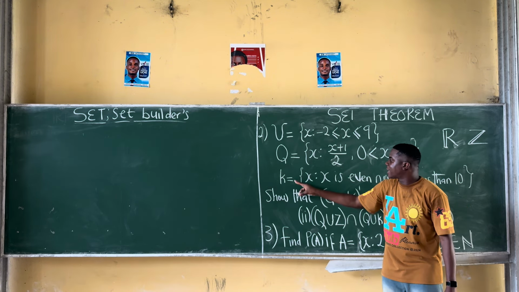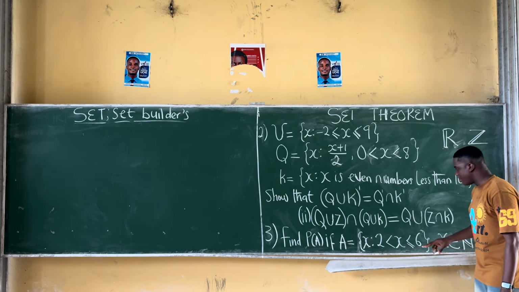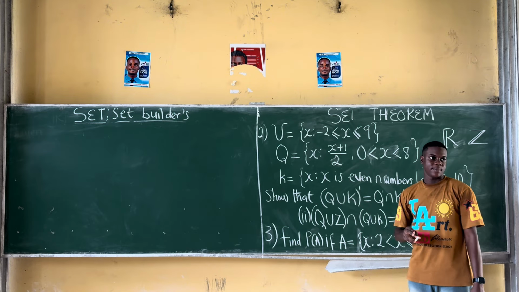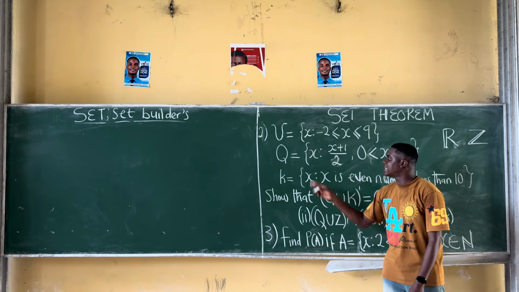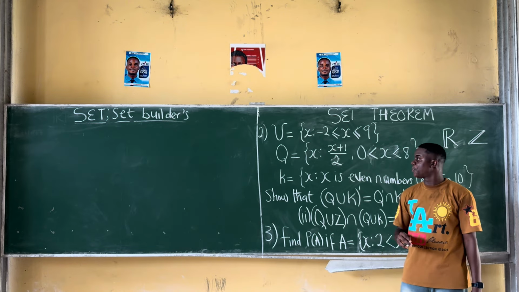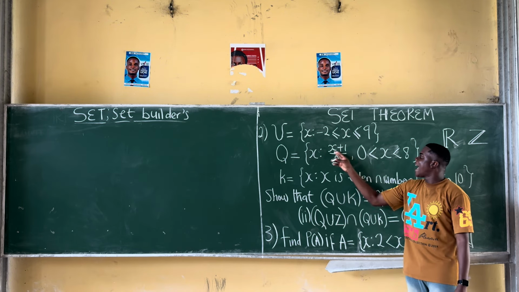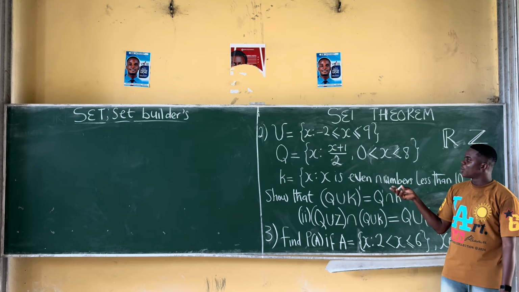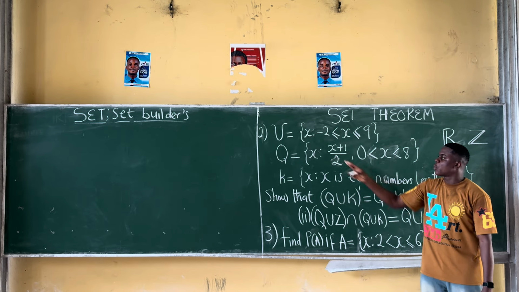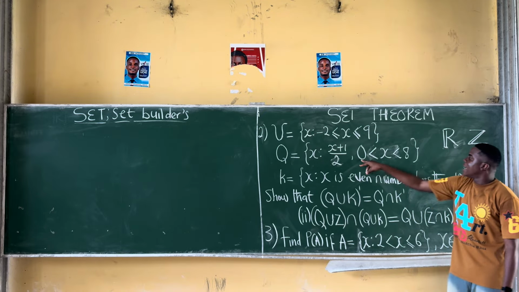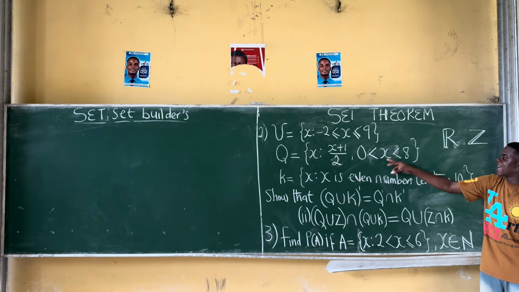So both Q and K, even this Z I see here, they're all part of the universal set. So it also says that this set Q is equal to X, such that X is X plus 1 over 2, where the value of X ranges from 0 is less than X and X is less than 8.